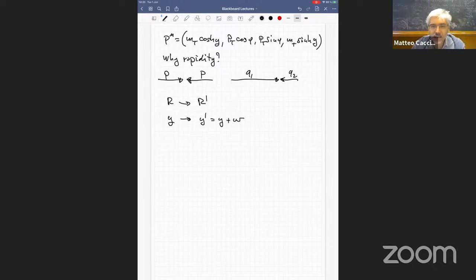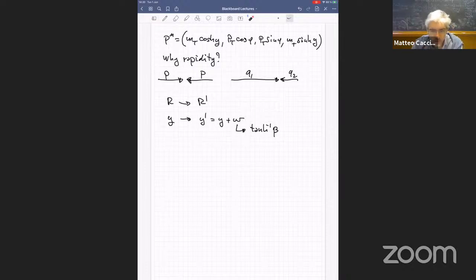So it's an additive transformation of the rapidity, and this quantity, if I remember correctly, I think is the inverse hyperbolic tangent of the velocity of one frame with respect to another. Please check this. I'm not 100% sure.